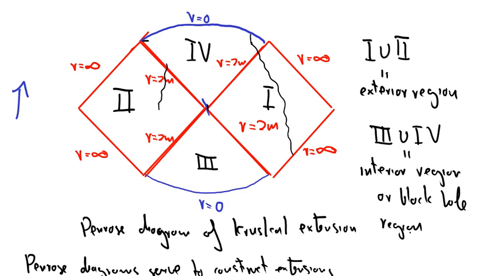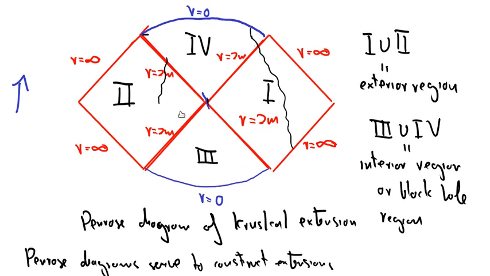So the diagram shows us very clearly the black hole nature of the Schwarzschild space-time. Also, we can read off the topology of this space-time. Just remember that in a Penrose diagram, each point of the diagram represents a sphere.